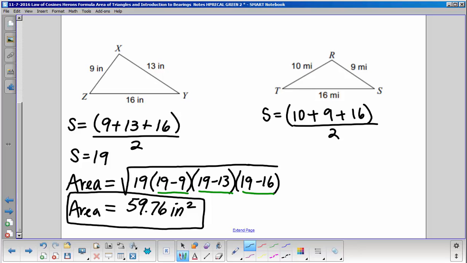So the second: square root of 19 times parentheses 19 minus 9 times 19 minus... Oh, I think I know what I did wrong. I didn't put parentheses in between. You do have to put everything in parentheses. So I didn't put one of them in parentheses.